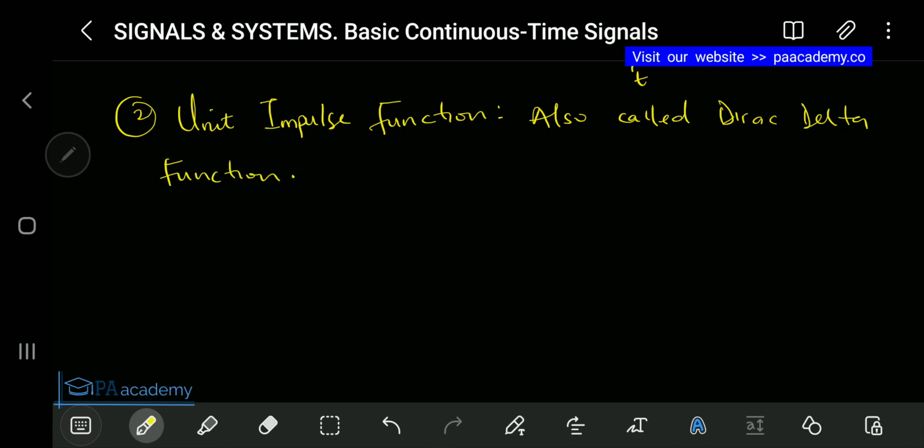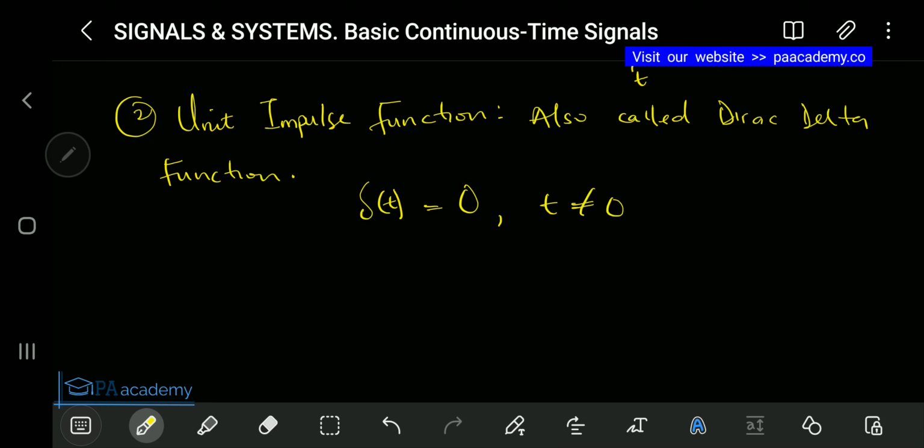So if you come across the word Dirac delta function, just know that they are talking about the unit impulse function. So for this now, it is defined as d of t or delta t equals to 0 when t is not equals to 0.